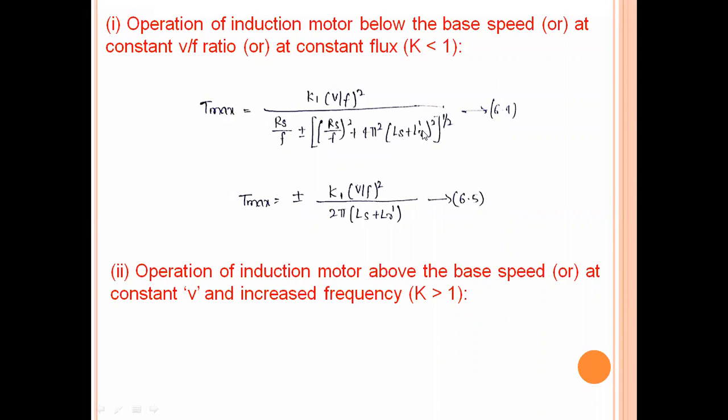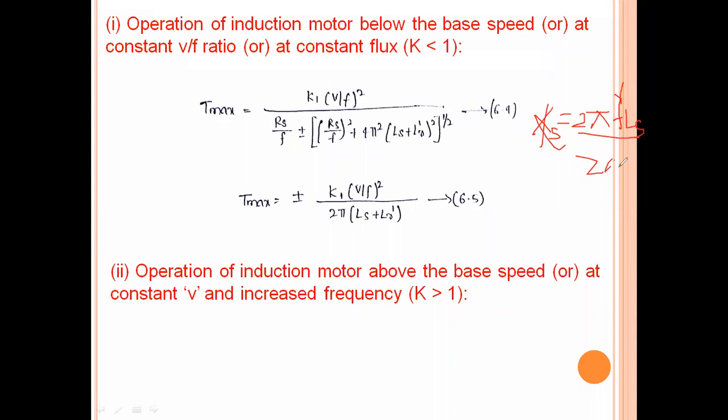Also XS and XR dash are there, but XS and XR are both reactive parameters, where XS can also be written as 2 pi F LS. Here the frequency term is there, so instead of XS, 2 pi F LS has been written.